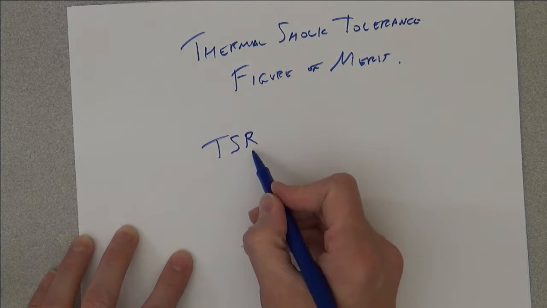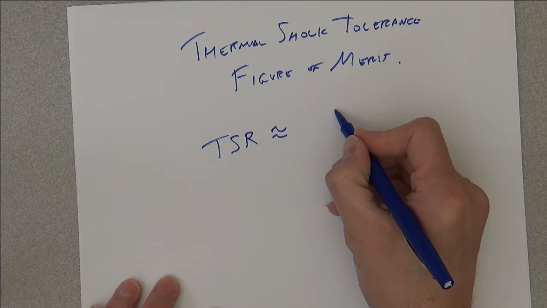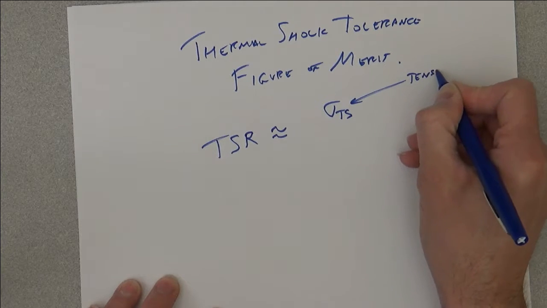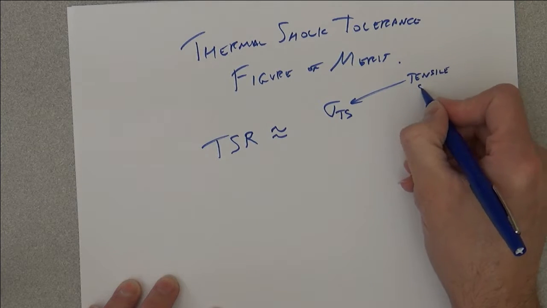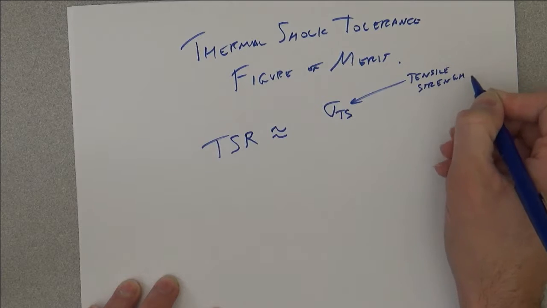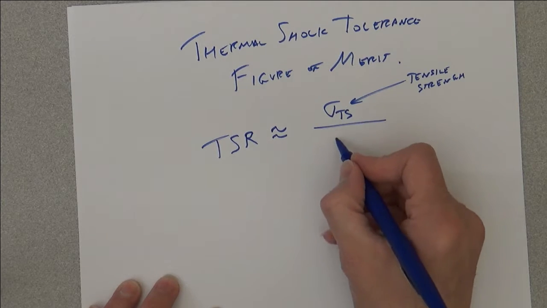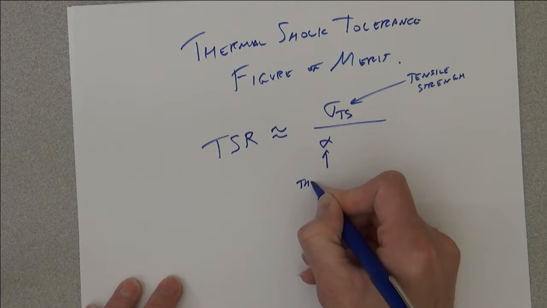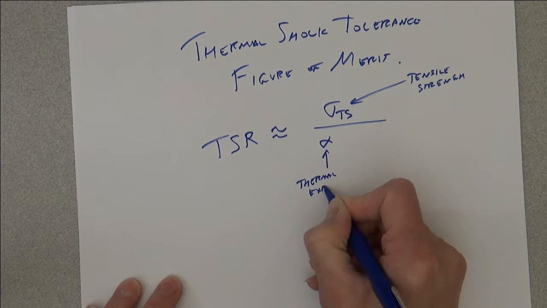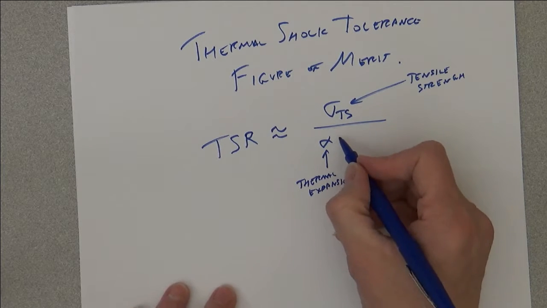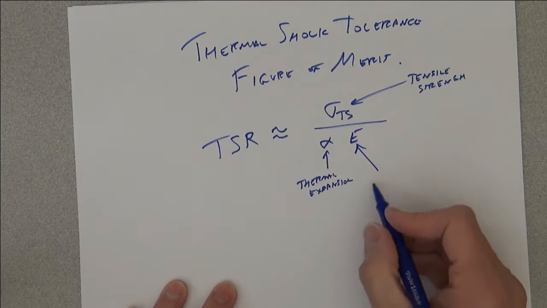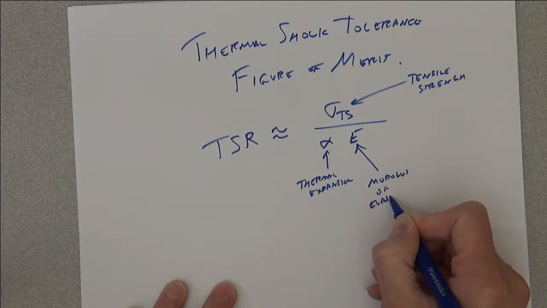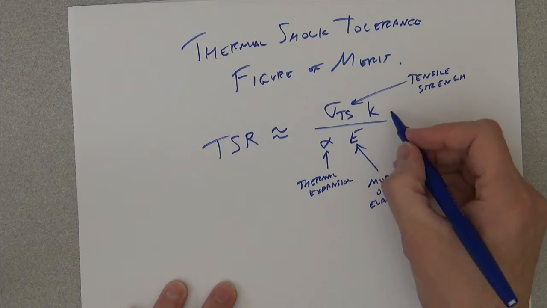Thermal shock tolerance goes as the tensile strength of the material divided by the coefficient of thermal expansion, and it's going to be E, modulus of elasticity, and the thermal conductivity.